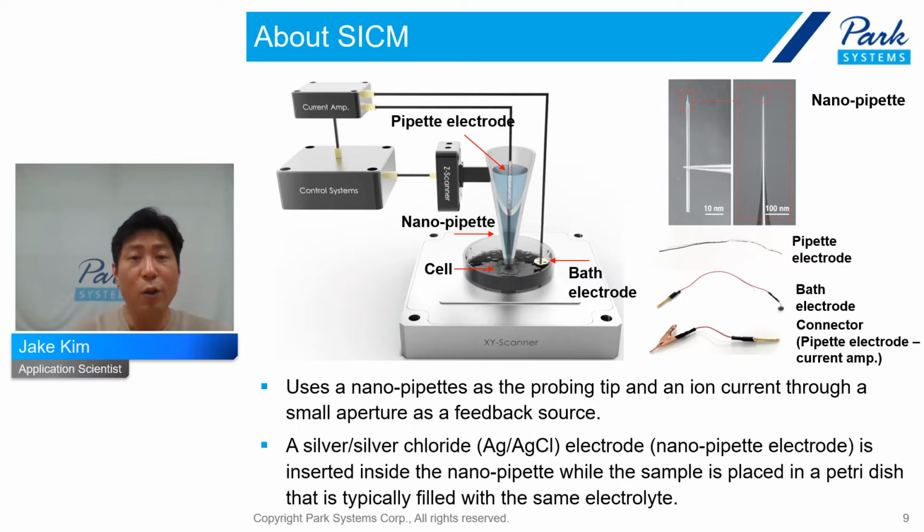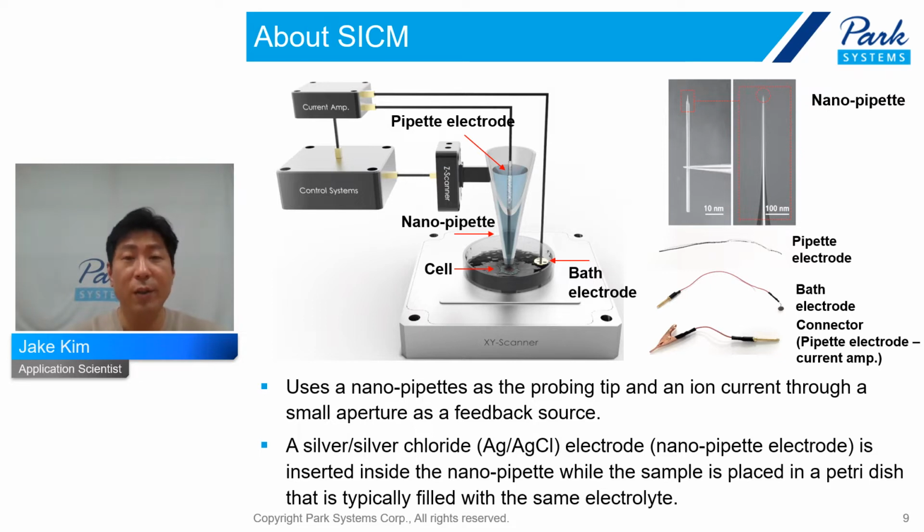SICM is a quite good technique for very soft samples, such as biological samples. SICM uses a glass nanopipette as a sensitive probe based on an electrode inside. The inner diameter of the nanopipette is typically 50 to 100 nanometers, and two electrodes are introduced.